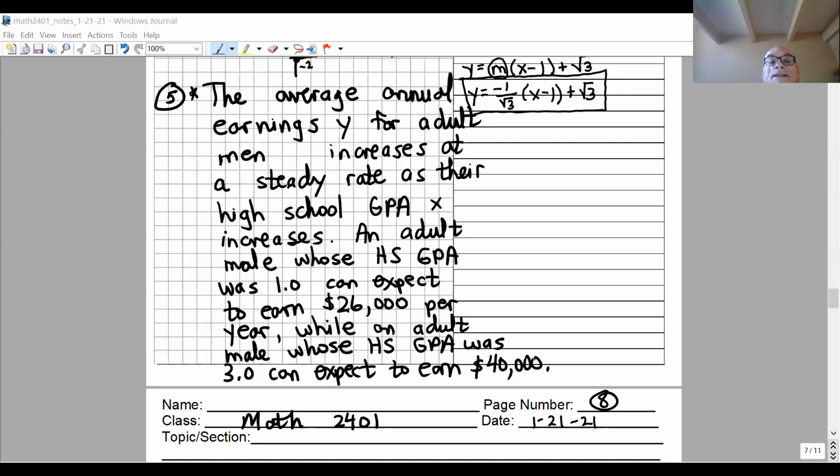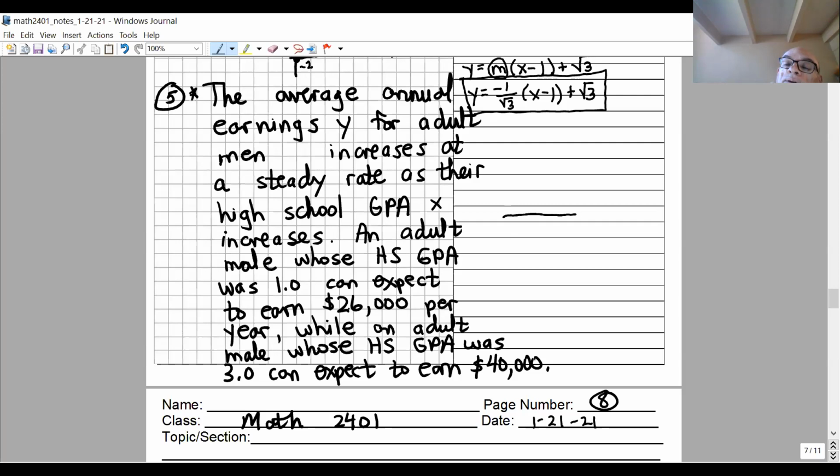All right, but what does it say, Daniel, in the problem that's really crucial here? See where I'm pointing to this part? Yeah, as the high school GPA increases, their salary or their income will increase. Right, but so when we make a graph, let me draw a really crude graph here for us.